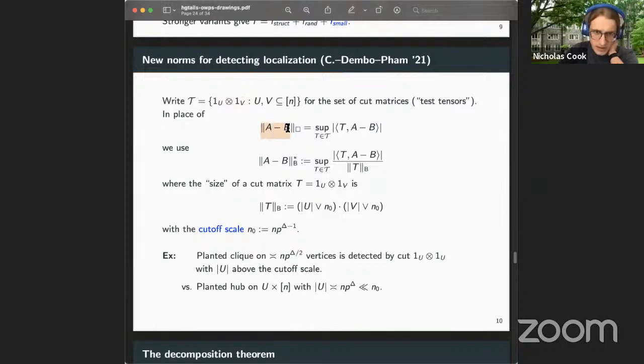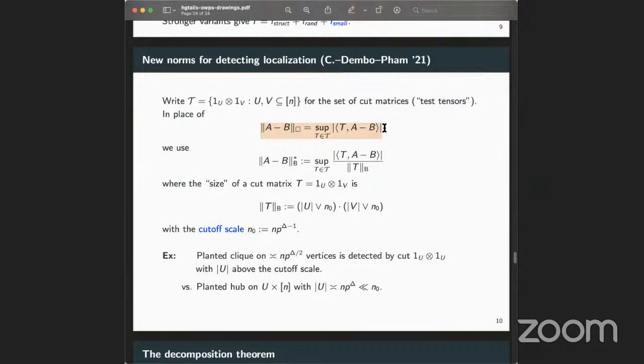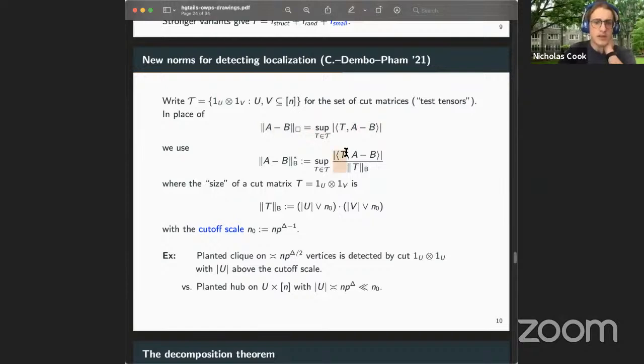Now, rather than the cut norm like this, where you test against cuts, you just take the largest inner product against the cut matrix. We do something a bit different, where we take the sup of this inner product with a test tensor, but we scale it with the size of the cut matrix. Now, you can't just scale by the volume, so it's sort of the product of the number of vertices in U and vertices of V, because then, if you shrink down too small, you'll see big differences.